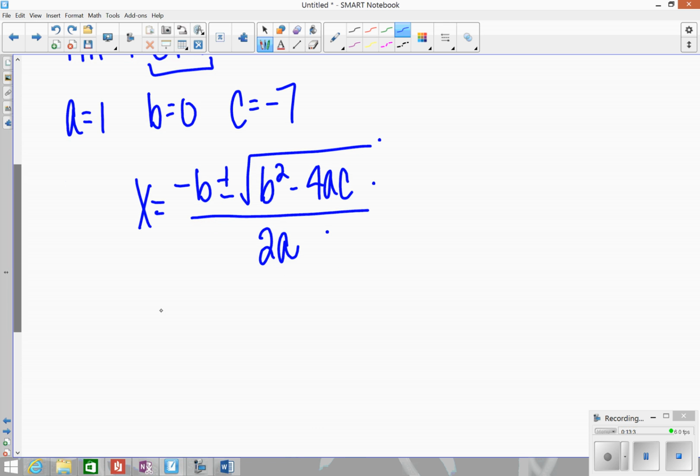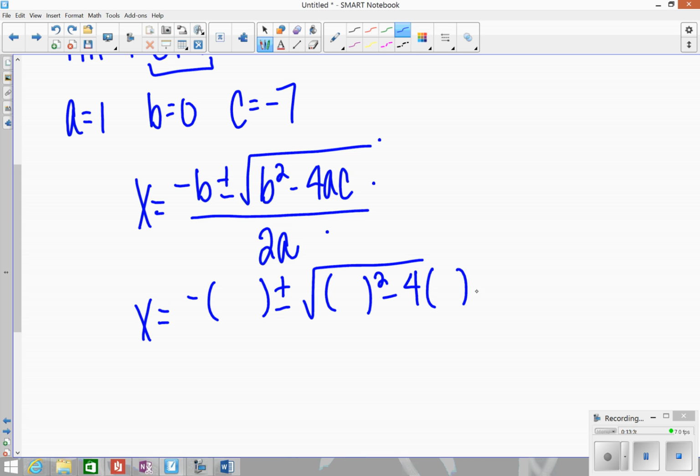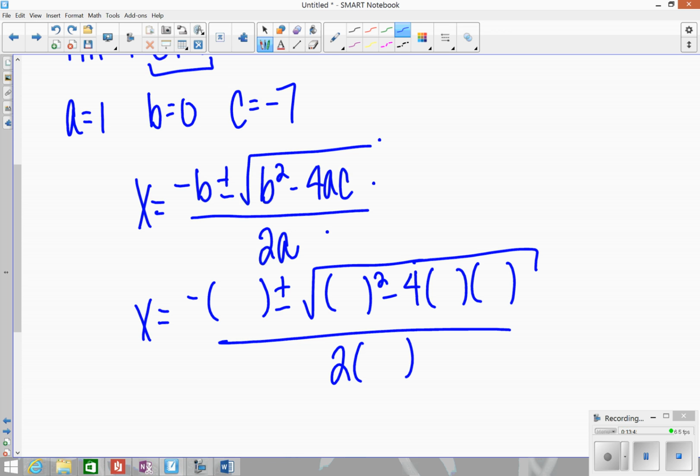And then use our parentheses. And now we replace. So the first set of parentheses is b, so it's going to be 0. Second set, 0. This set here is going to be 1 because that's a. C is negative 7. And then down here is going to be 1.